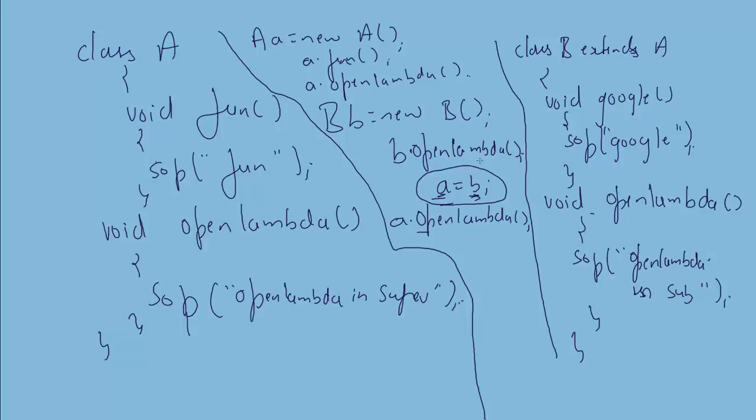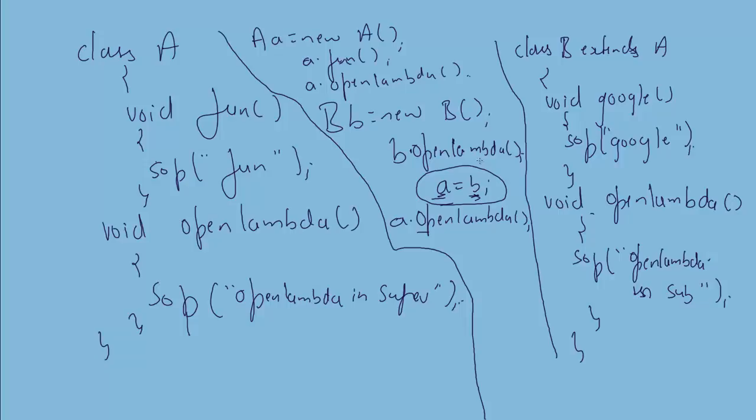Now we will see one more example of this, but we need to understand why I should override a method. Is there a necessity to override a method? Yes. We need to override a method whenever I am not satisfied with the superclass functionality, or I need a new functionality.